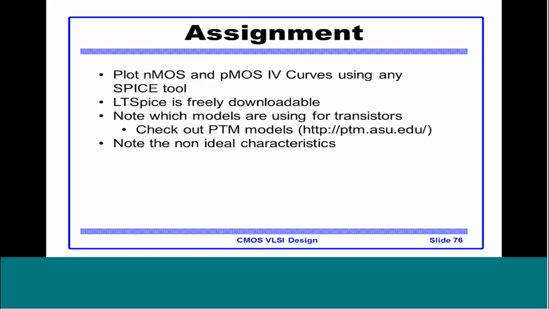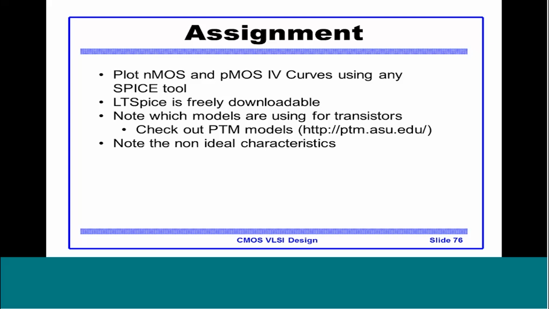You could also use something called PTM models from ASU. These are transistor models that go as low as, I guess, maybe 16 nanometer or something, which are more representative of today's technology. So what you could do is download the 65 nanometer models from the PTM website and plug these models into a SPICE tool, so that you will be able to instantiate transistors which conform to the SPICE model.